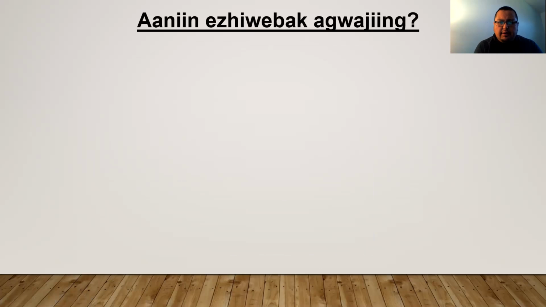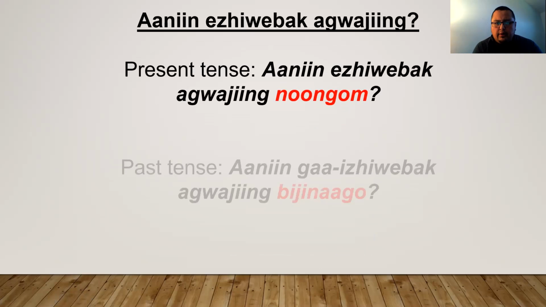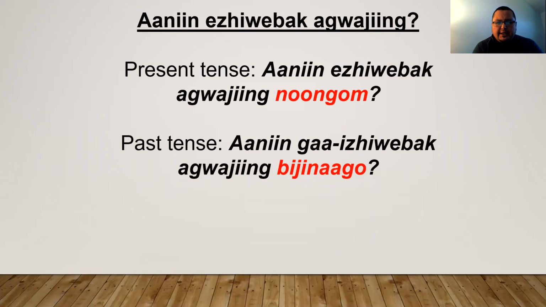All right, Aaniin ezhiwebak agwajiing. Now we're in a conversation talking about present tense. Aaniin ezhiwebak agwajiing noongum. How is the weather outside today? Then we get into past tense. Aaniin ga ezhiwebak agwajiing bijinago.